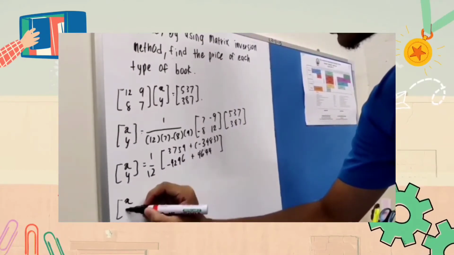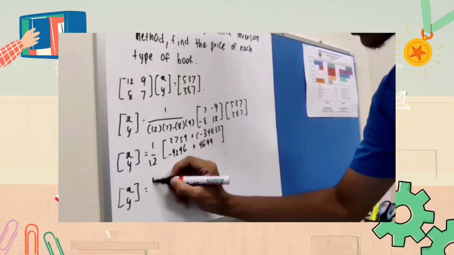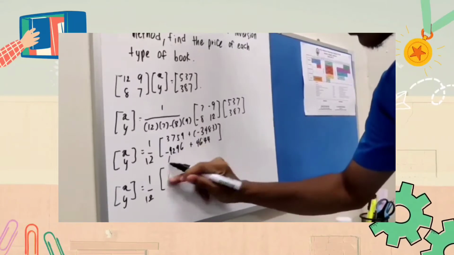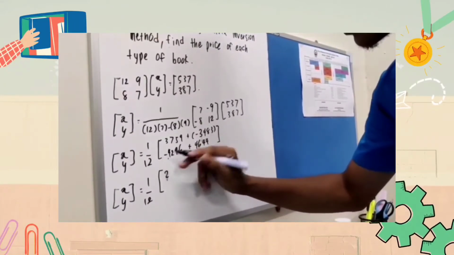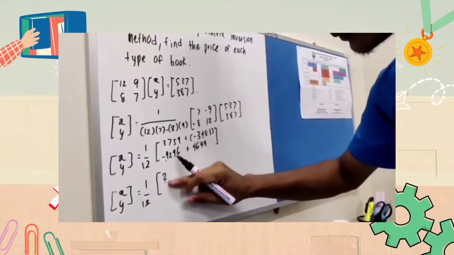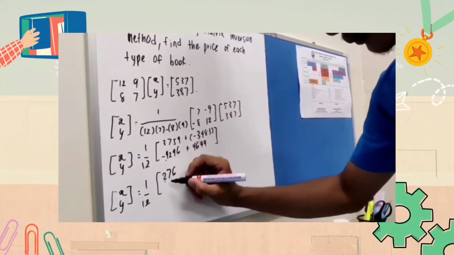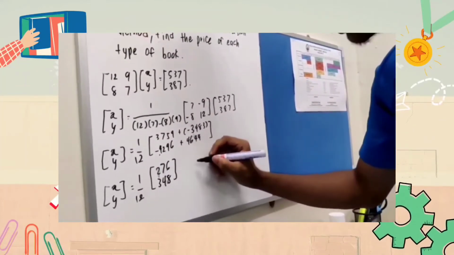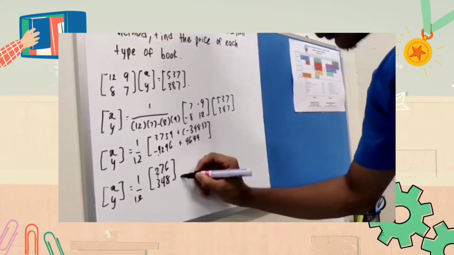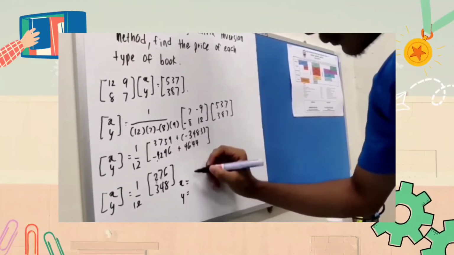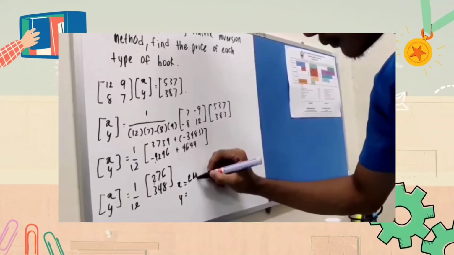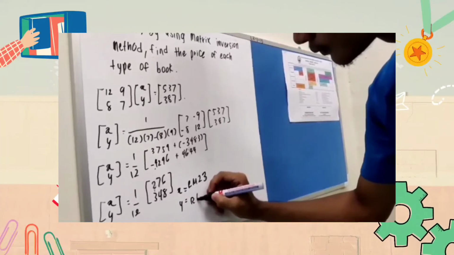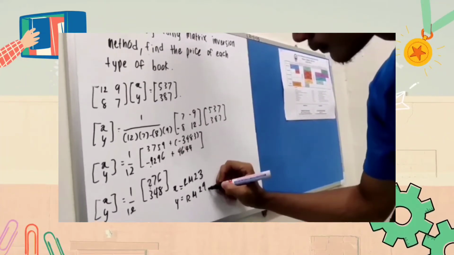Next is 1 over 12 in a bracket, which is 276 and 348. The answer for x and y: x is RM 23 and y is RM 29.